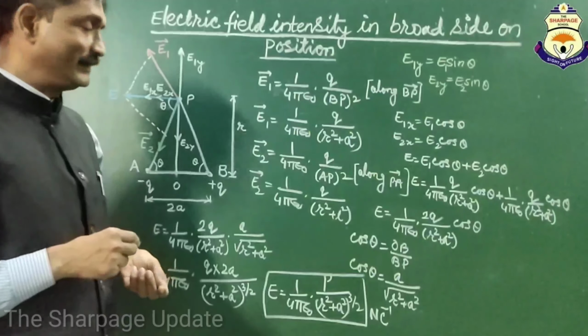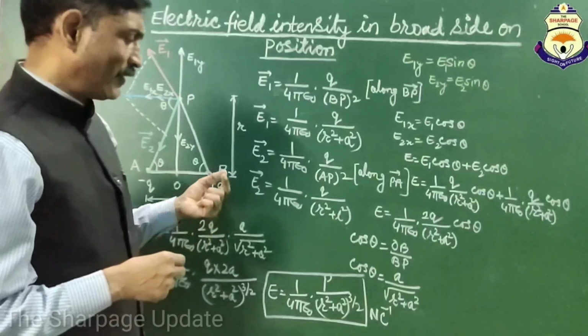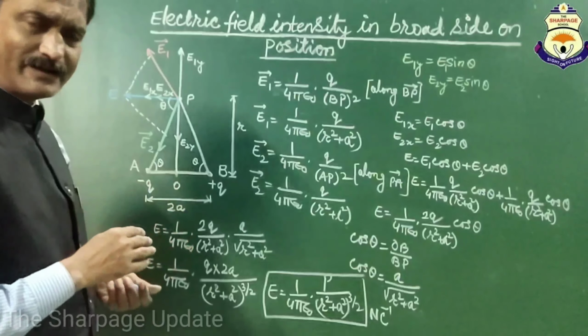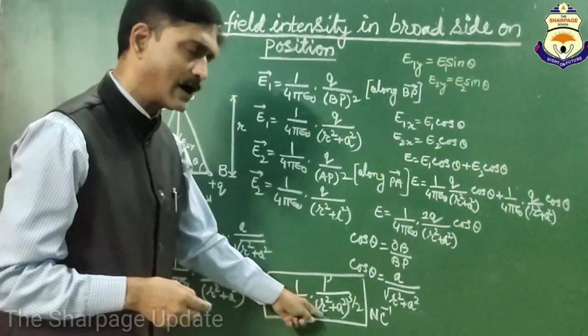Now friends, if this point P is far away from the midpoint of the axis of this electric dipole, then the value of a square can be neglected as compared to r square.